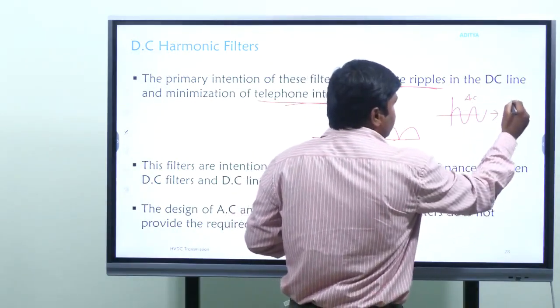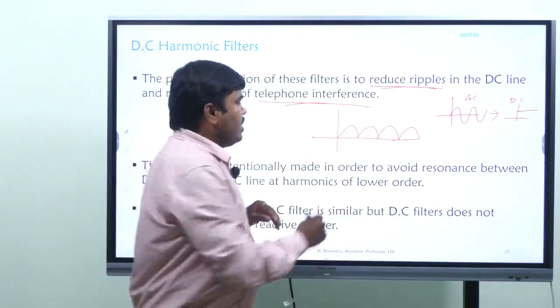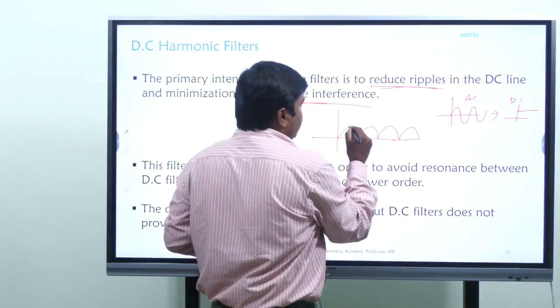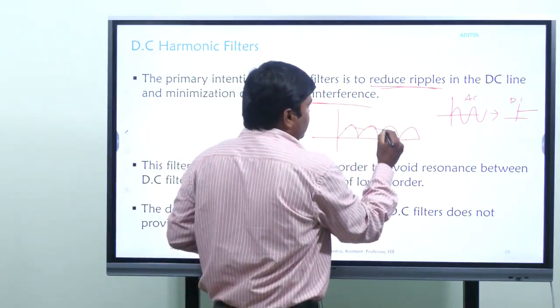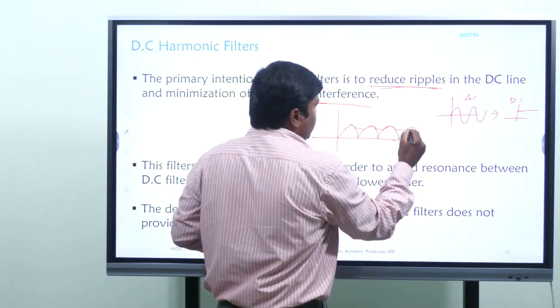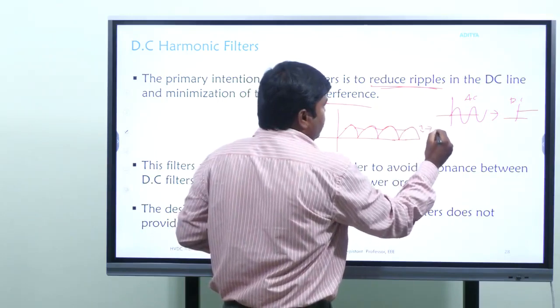It should be converted to DC, which means it should be a straight line. But we do not obtain a straight line here. What we obtain is something like this. What is this content from here to here? This is ripple.